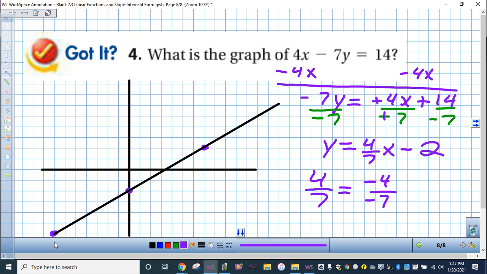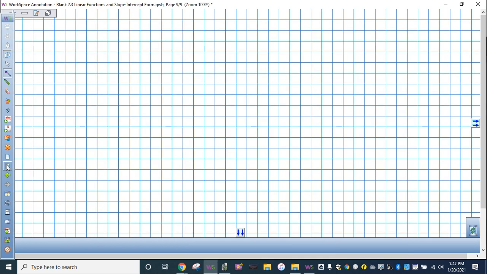Exactly. Okay, so I'm going to do one. I'm going to give you a graph, and then you're going to come up with the equation. So here we go.